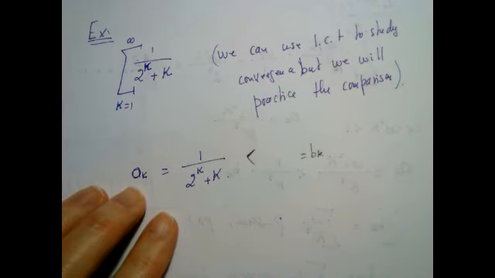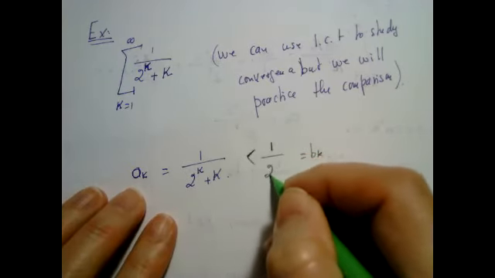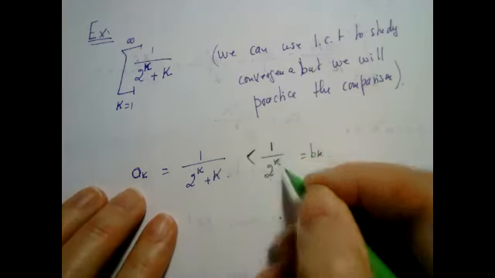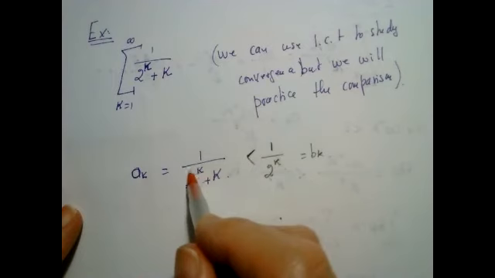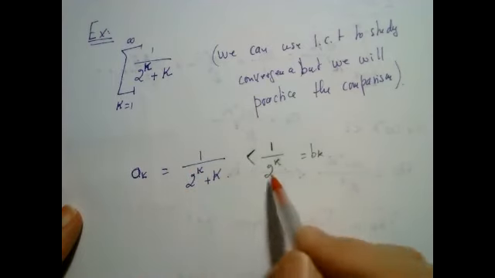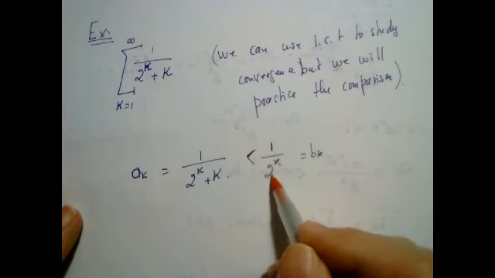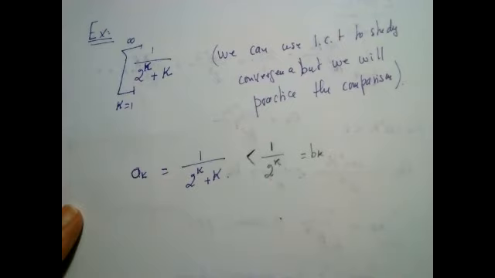Less than 1 over 2 to the k. Is this less than 1 over 2 to the k? Let us see why it is the case. Because 2 to the k plus k, the denominator here, is larger than the denominator in this case, which means 1 over it will be less than 1 over that.